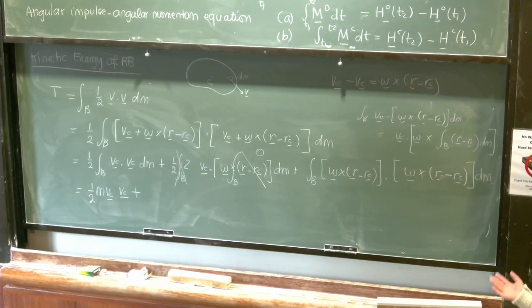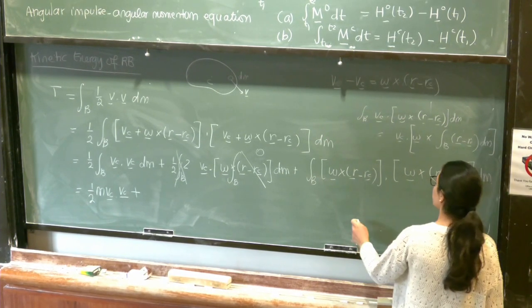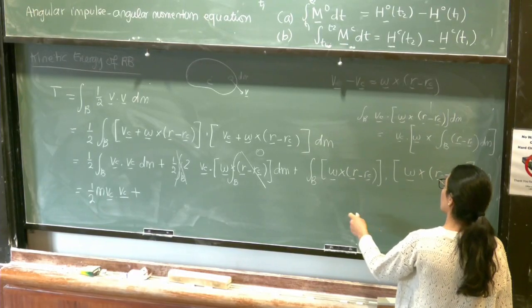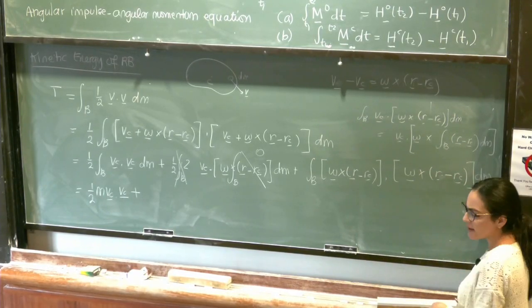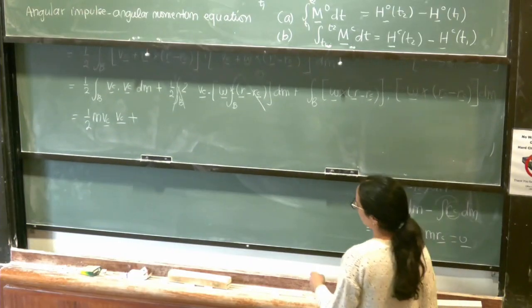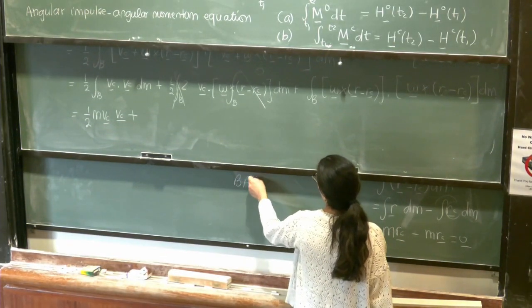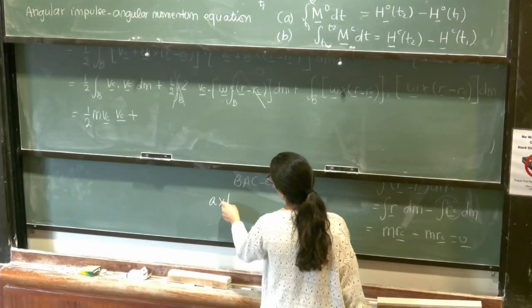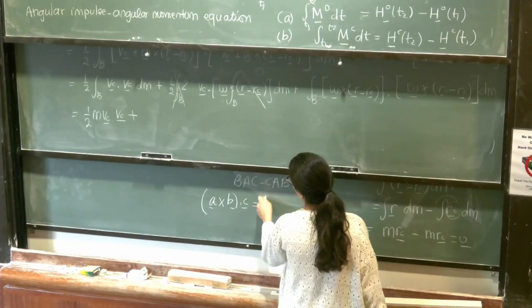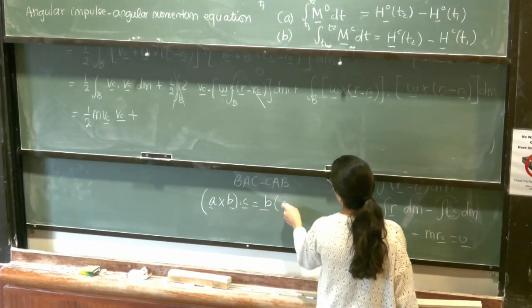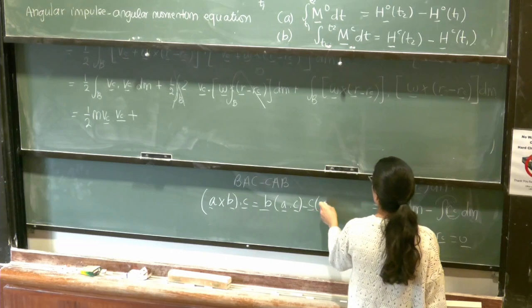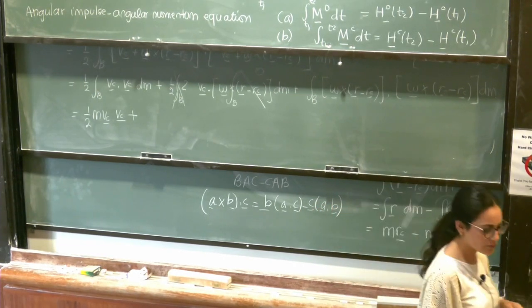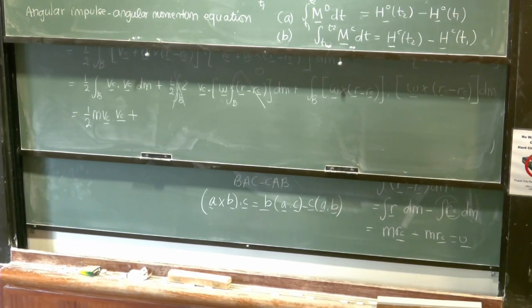How do I deal with this big term? We're going to use the back-cab identity. I'm going to look at this as A cross B dot C cross D. What was the back-cab identity again? Let's double check.